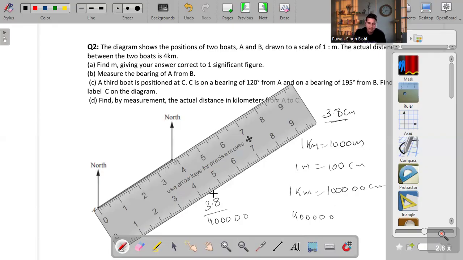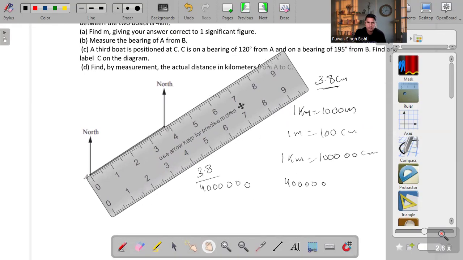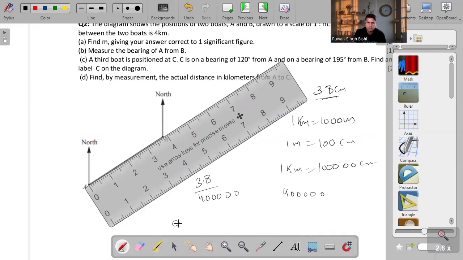When we divide 3.8 by 400,000, we are getting 0.0000095.